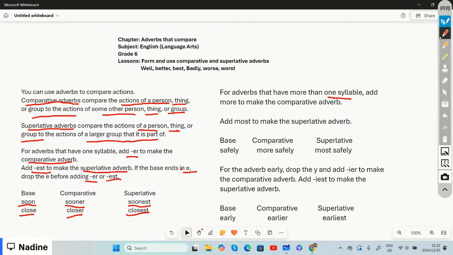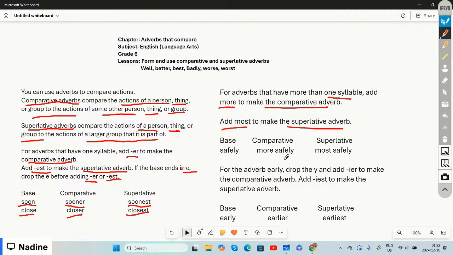If you say that word, you just say soon. It's not a word with more than one syllable. But now, if you have adverbs that have more than one syllable, then we need to add either the word more to make it a comparative adverb, or most to make it a superlative adverb.